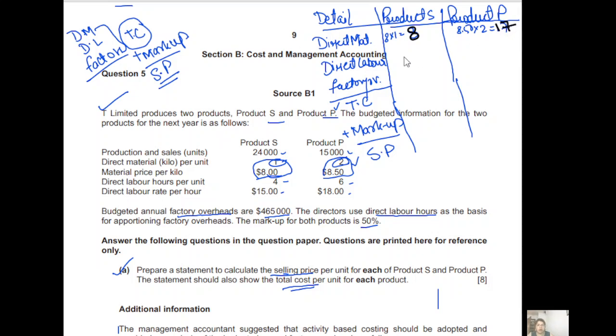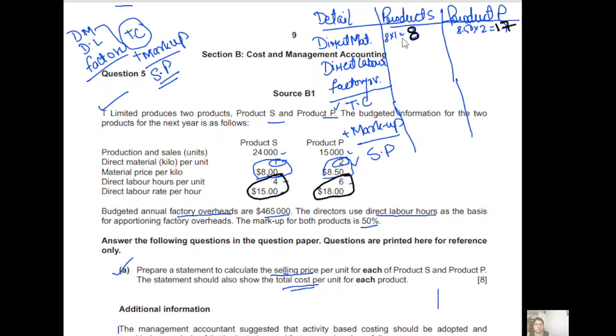Now you have to find your direct labor, and for the direct labor you have this information, direct labor per unit and direct labor rate per hour. So you have to multiply these two and these two.